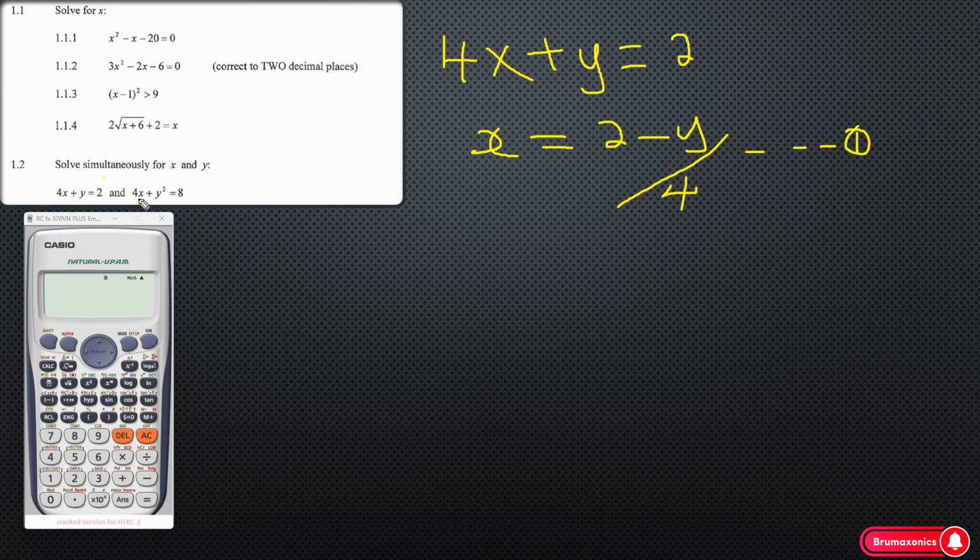The other one will be 4x + y² = 8, which is equation 2.